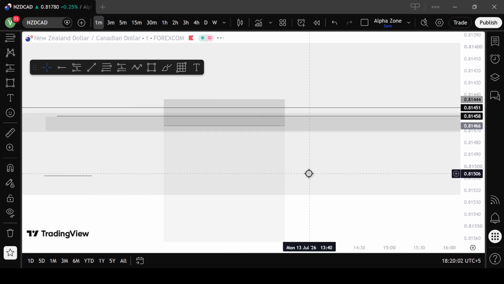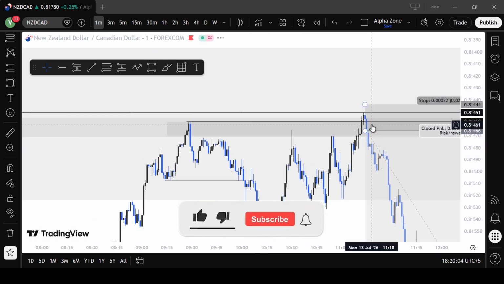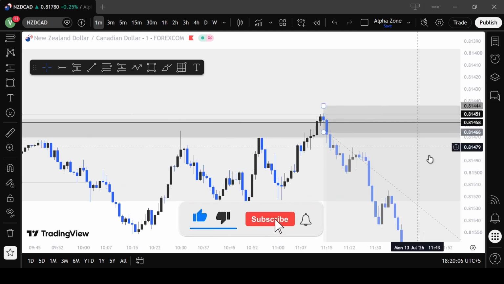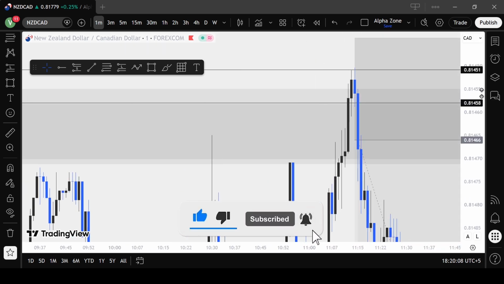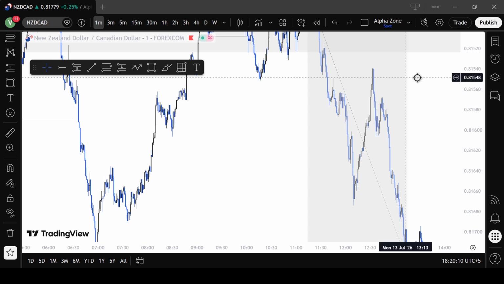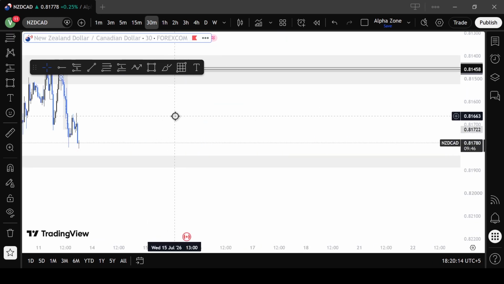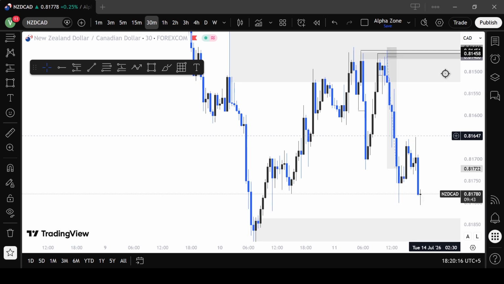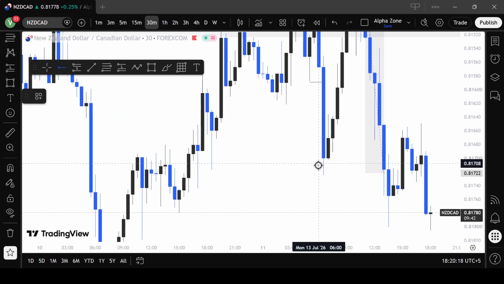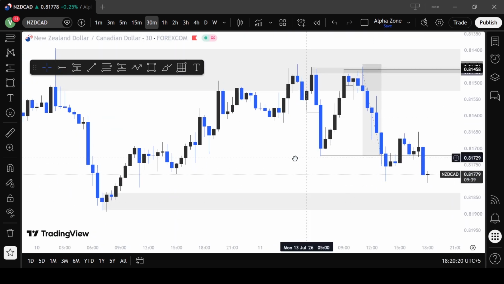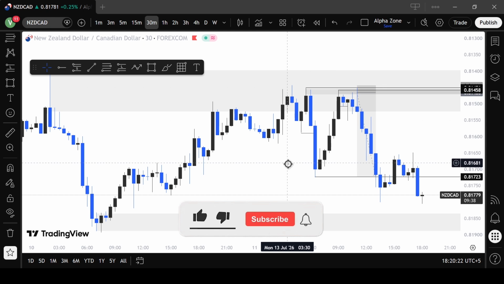When the market takes this swing, I just enter from this candle closing, like candle break, and the target of this trade was the 30-minute break of structure. Like this, and this was a very complete, very simple strategy for taking this trade.